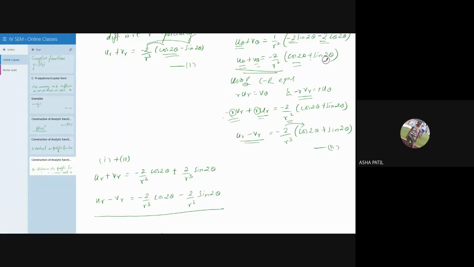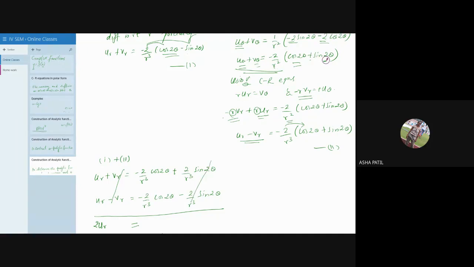Now if you add these two equations, vr gets cancelled, and the sin 2 theta term also gets cancelled.